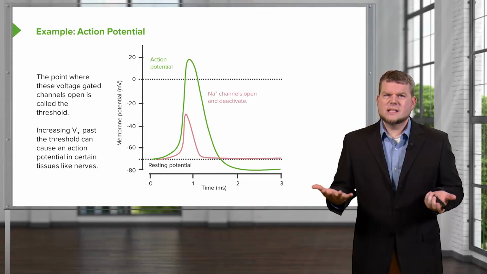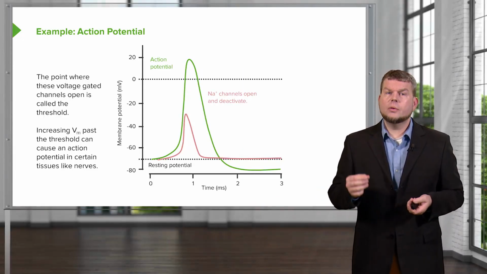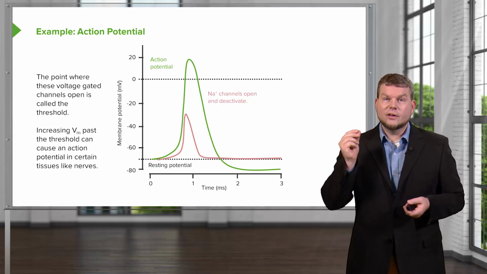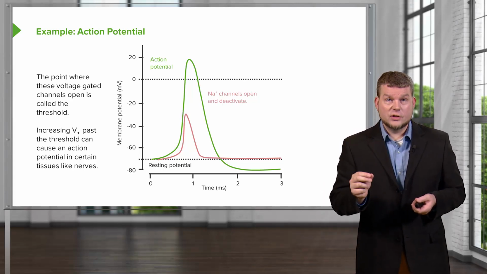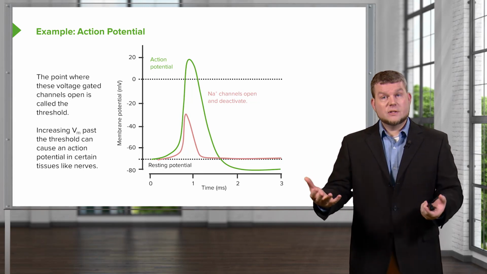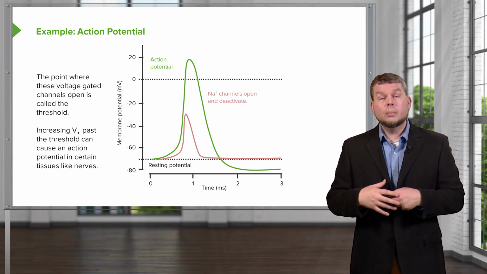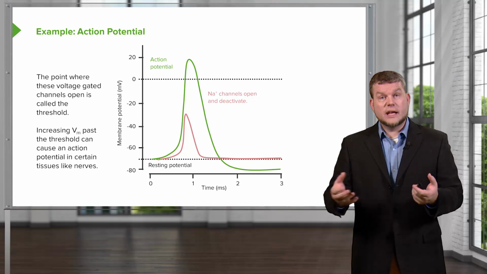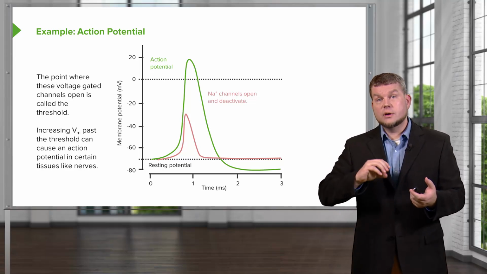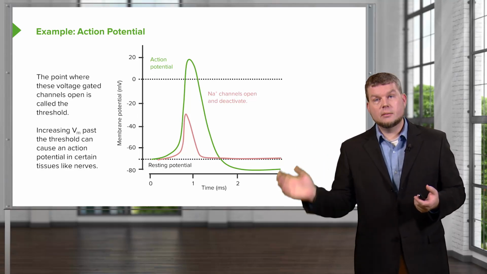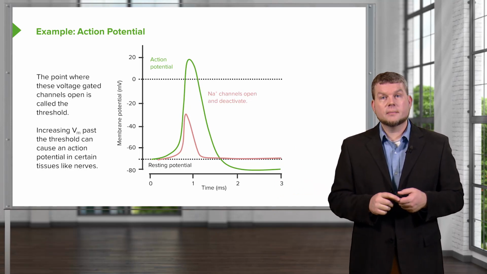You might ask, well, what is threshold? Threshold is when you have reached a voltage to open up these sodium channels. They open up at a particular voltage, and as soon as you get to that voltage, boom, those channels open, and then boom, they close.